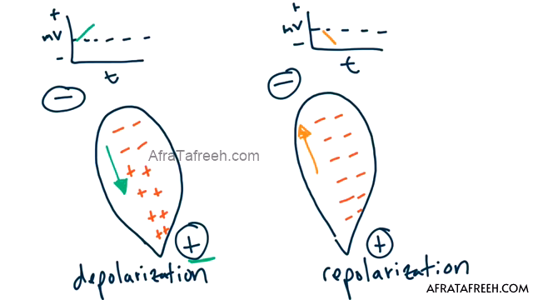As the cells repolarize, potassium leaves the cell and the surface membrane voltage becomes positive again. So we'll draw in some positive signs. Remember, by convention, the vector moves from the negatively charged surface membrane voltage to the positively charged surface membrane voltage. So we'd expect the vector to be moving this way, as we can see. Because the vector is moving towards the negative lead, we are seeing a negative deflection on the EKG.